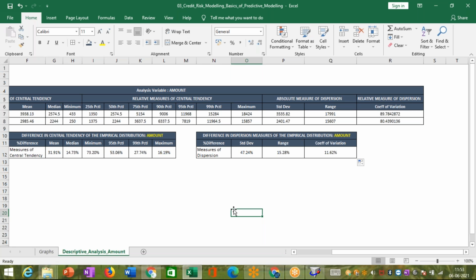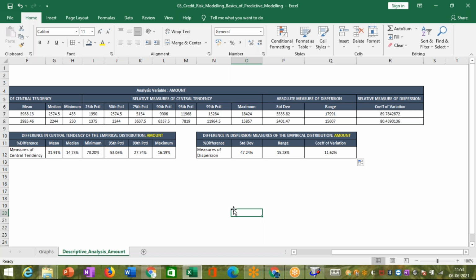But also, the variability in the figures for the bad borrowers is much higher compared to the good borrowers. So the consistency in lending to the good borrowers has been better, but for the bad borrowers, the standard deviation or any other measure of dispersion has been very high.